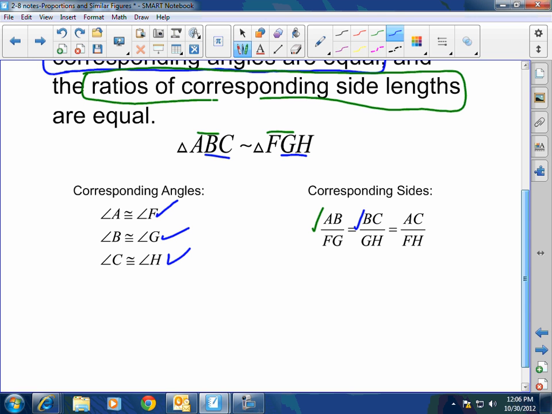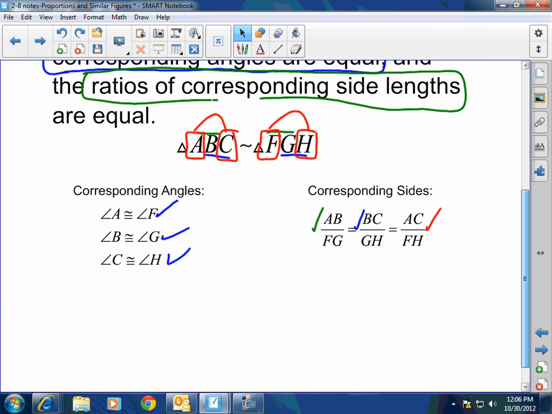And last but not least, A and C, first and last, F and H, first and last. AC corresponds to FH. So you never, ever, ever go by the figure. You go by the actual similarity statement that they showed you. You go by the letters, not the figure.